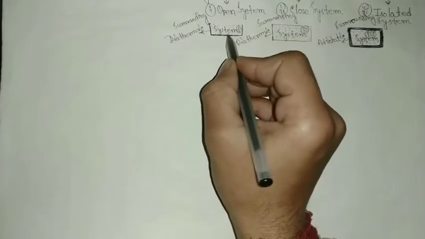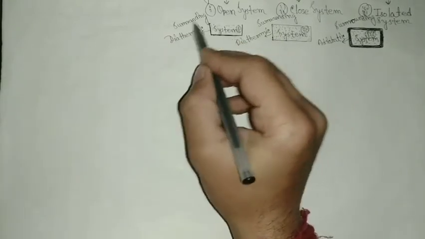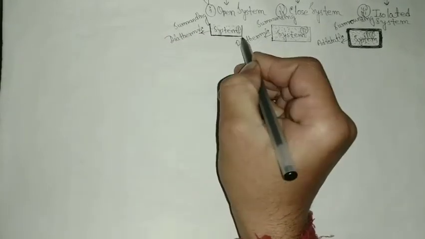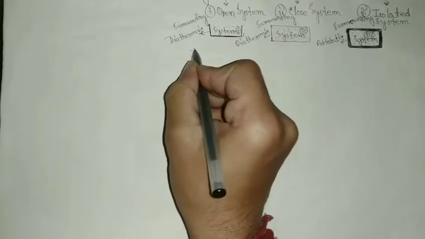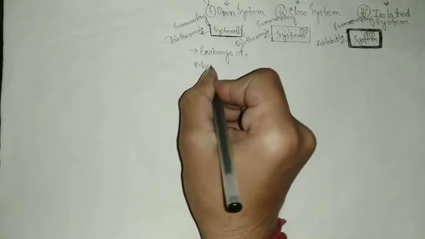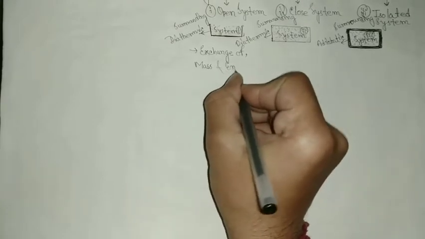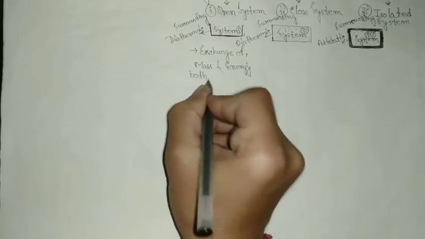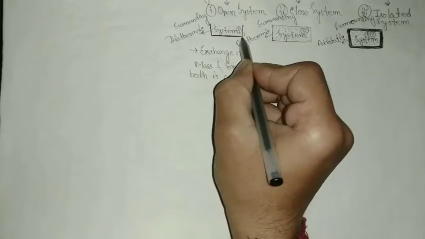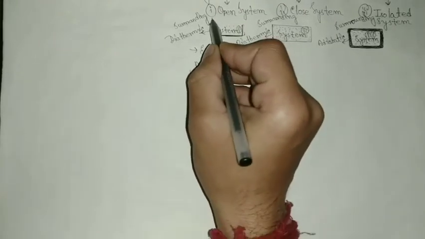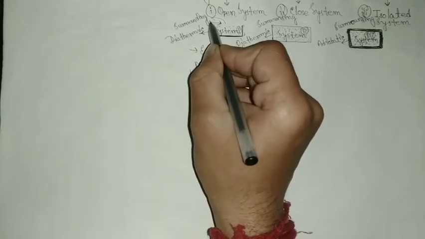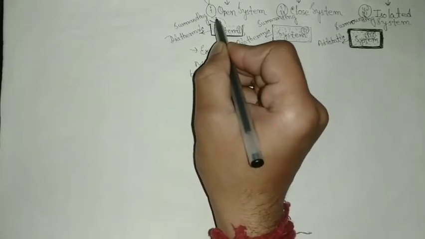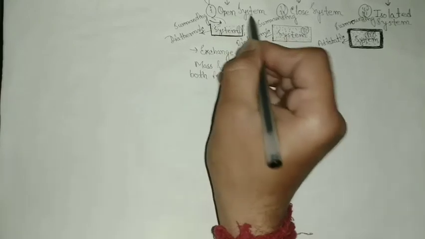We have tried to separate system 1 from surrounding by a diathermic wall, where exchange of mass and energy both is possible. Means energy and mass can be exchanged between surrounding and system. So we call this type of system an open system.